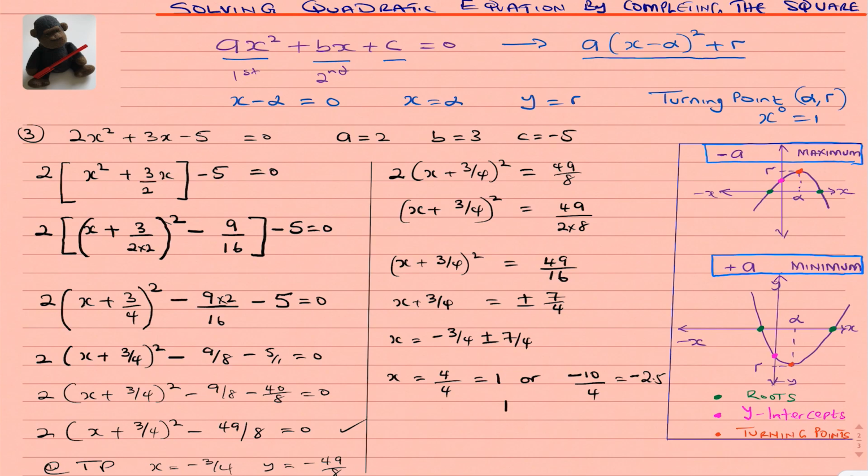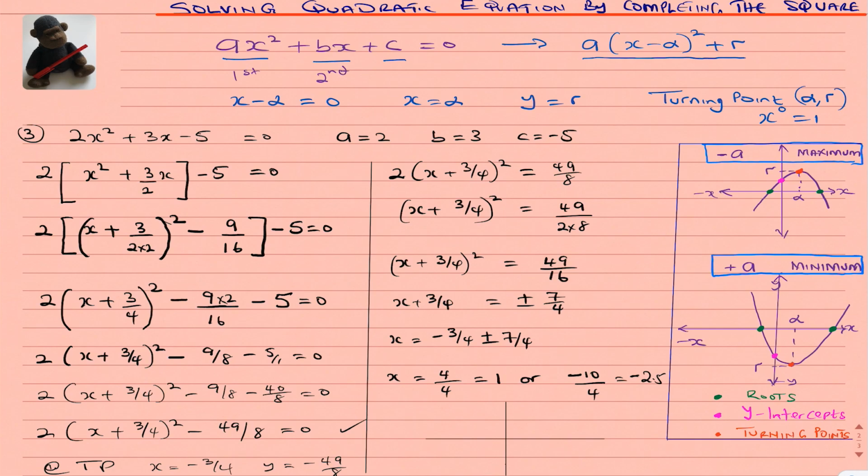So we can sketch that curve if you want to. We got that much room, but now the turning points are minus 3 over 4. So 3 over 4 is what we called 0.75. So minus 0.75 is somewhere here. And y is minus 49 over 8. So 49 divided by 8 will be equal to 6.125.